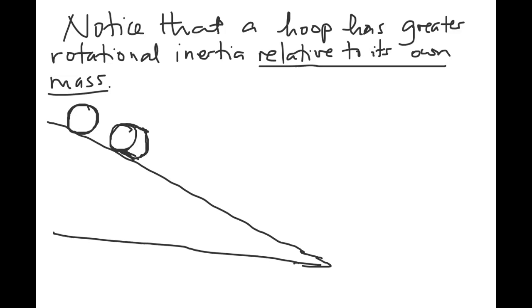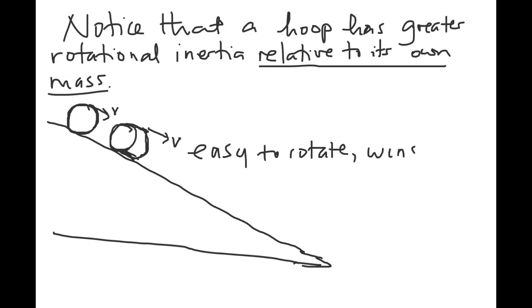This is the direction of travel, velocity v, and for this one the direction of travel, velocity is v. The solid cylinder is easy to rotate because of the small inertia, so it wins the race. And this one here is lazy to rotate.